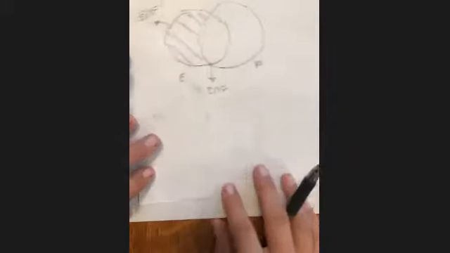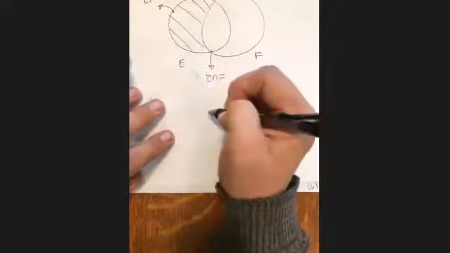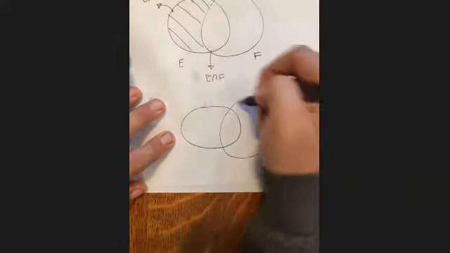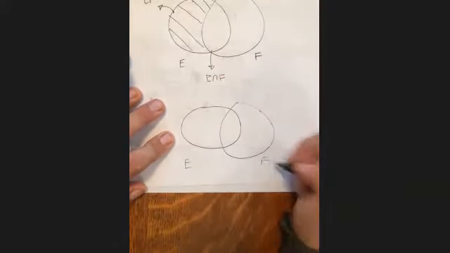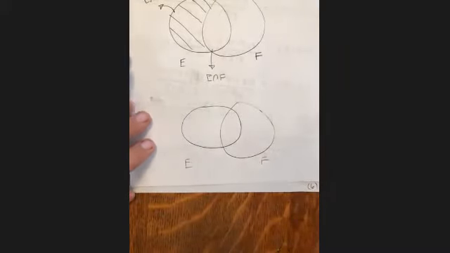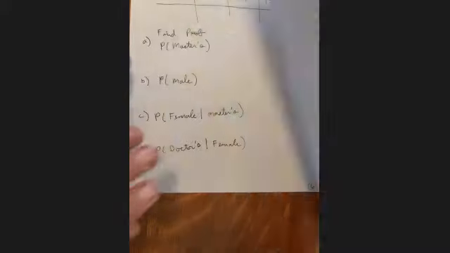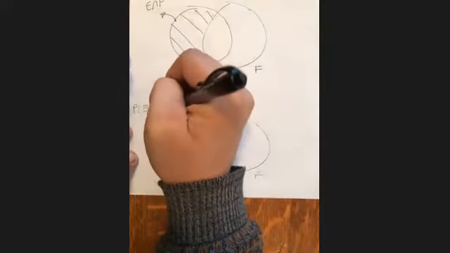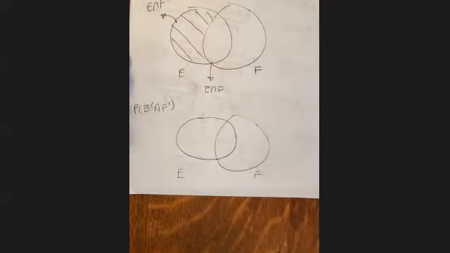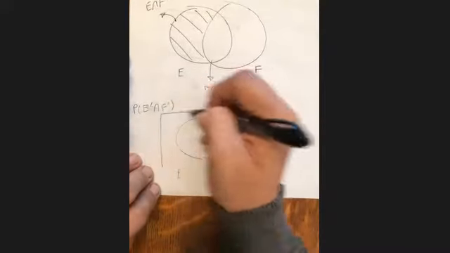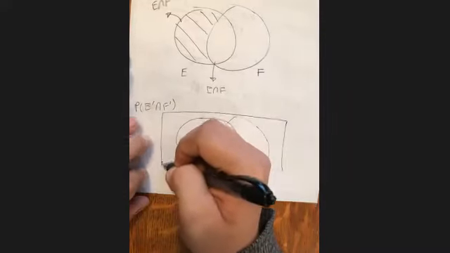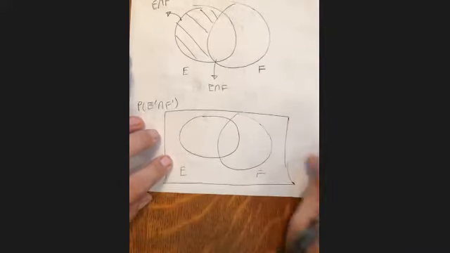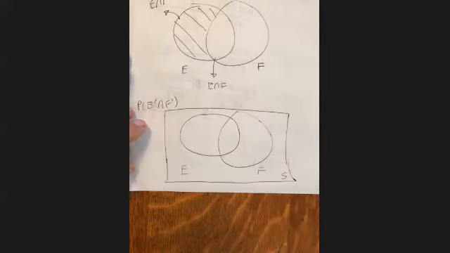So let's look at it in terms of a Venn diagram. Here's E, here's F. And we're looking for the probability of, sorry, E complement intersect F complement. So everything that's outside of E and everything that's outside of F intersected. So there's our sample space.